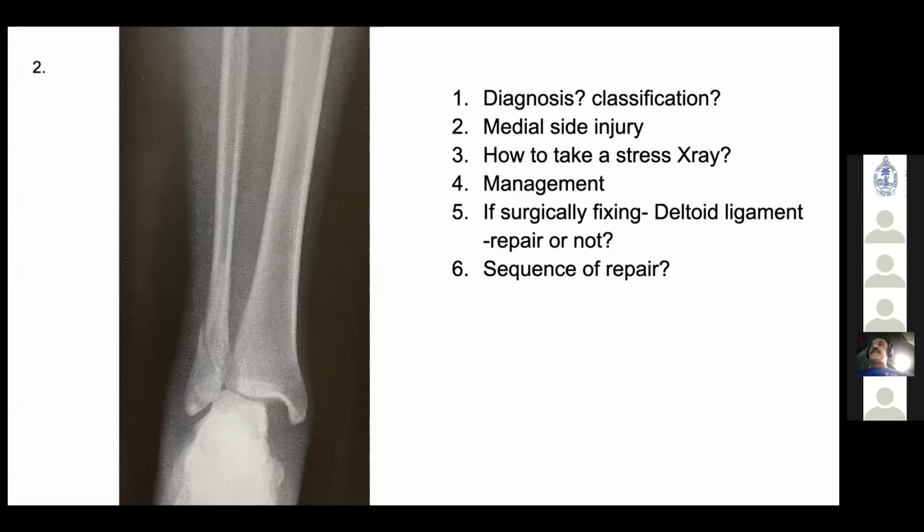What are the two points we have considered? In the AP view, we look whether the fracture starts near the joint or away from the joint. And in the lateral view, we look at the direction of the fracture.